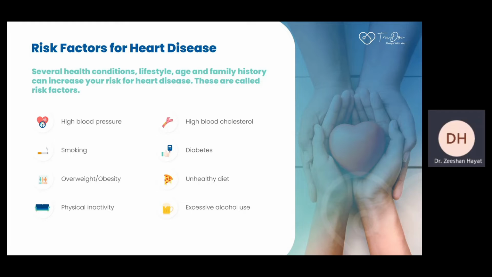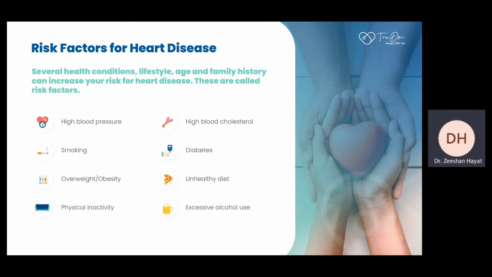I want to point out that everyone needs to look at all these factors. They play a very important role. If someone has high blood pressure, it will lead to a cardiovascular event if not controlled properly. Same thing with high cholesterol and smoking. Every factor on this slide is important.